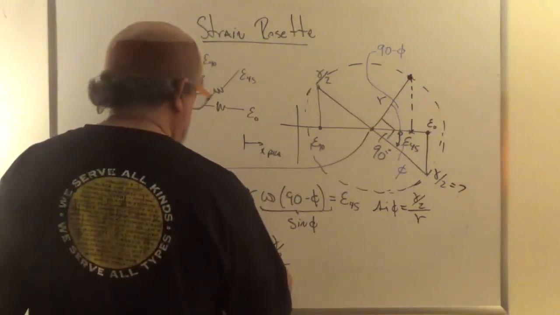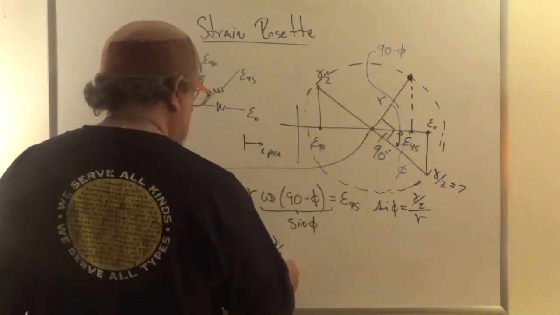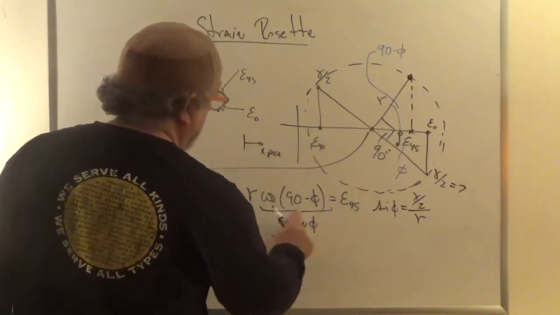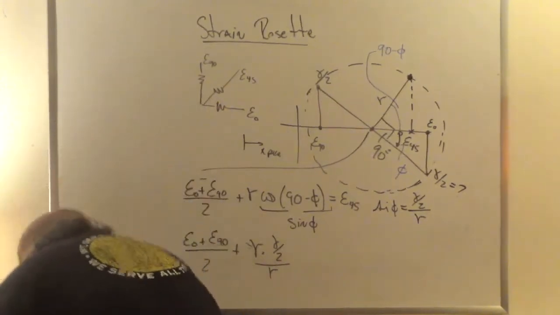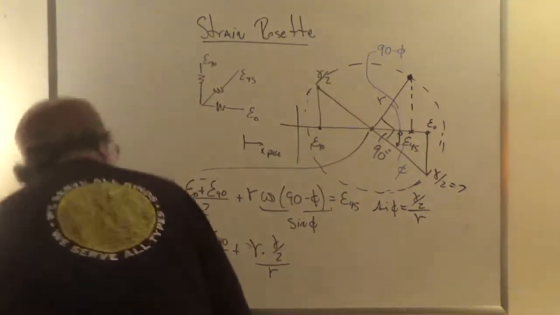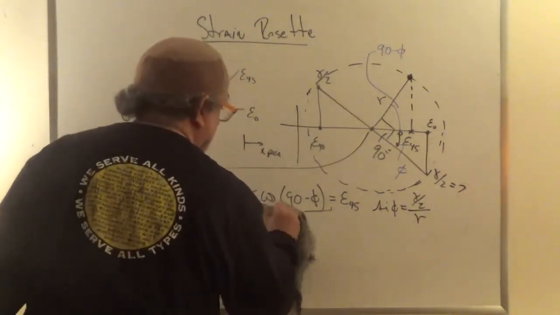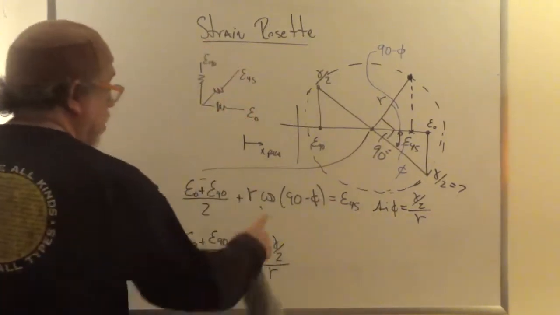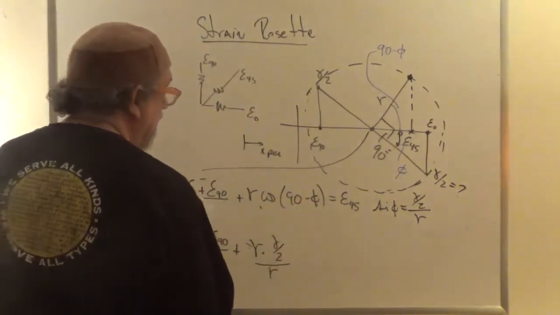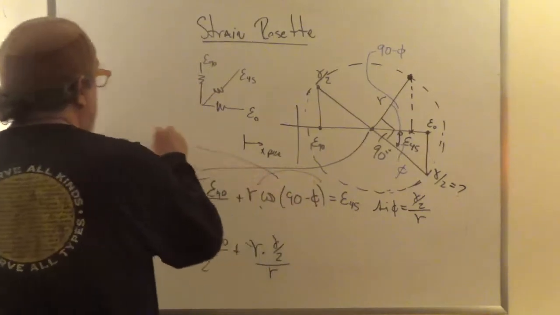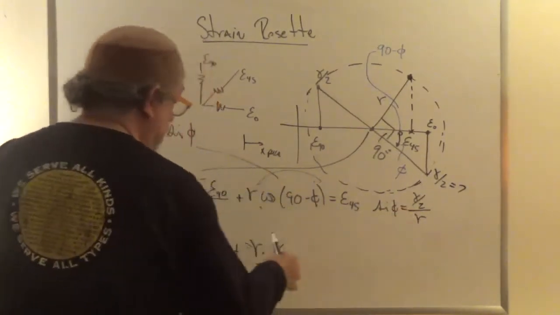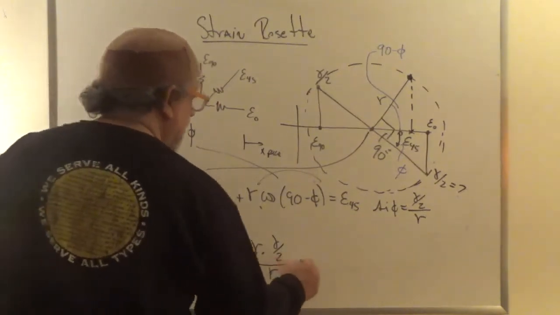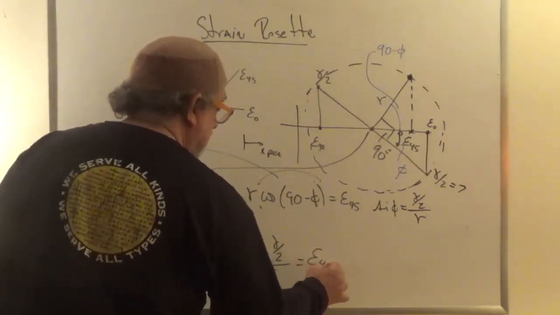Sine of phi. Oh yeah, it's just that this is not divided, this is equal to. The line got me confused there for a second, right? Cosine of 90 minus phi is equal to sine of phi, and sine of phi is gamma over 2 over r. So we get this, and then equal to E45, right?